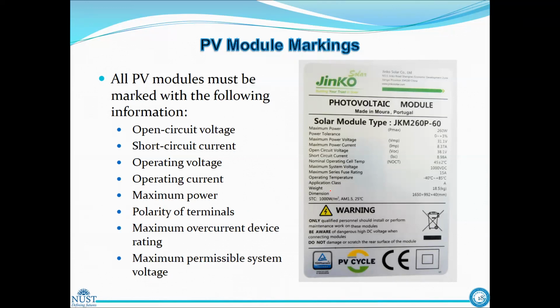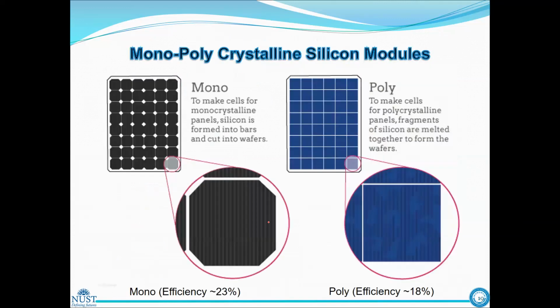Because when we join our photovoltaic modules to make arrays, the voltage levels at the terminals will be very high. So the photovoltaic modules connected to the terminals may face degradation because of that voltage. So that permissible system voltage should also be written on the back side of your device when you are going to purchase it.